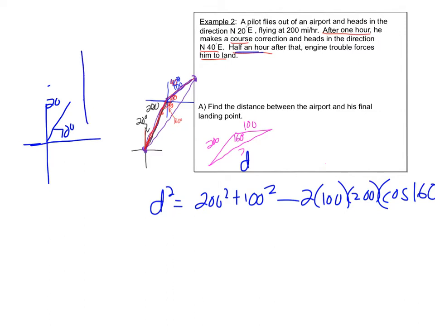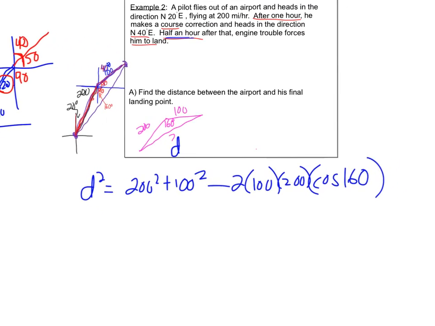When he has to reset the course, we figured out that this is 20 degrees. That makes that 20 degrees. Then when the pilot resets the course and goes at 40 degrees, I need to make this 50 degrees because that's still 90 degrees. So I've got 20 here, 50 here, 90 here.